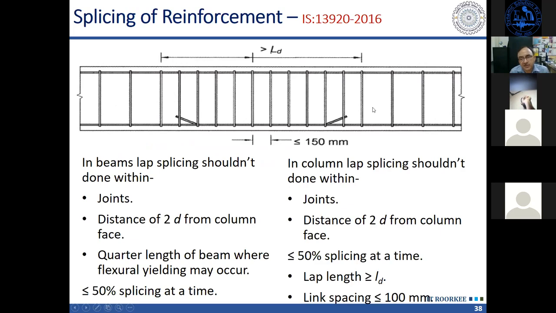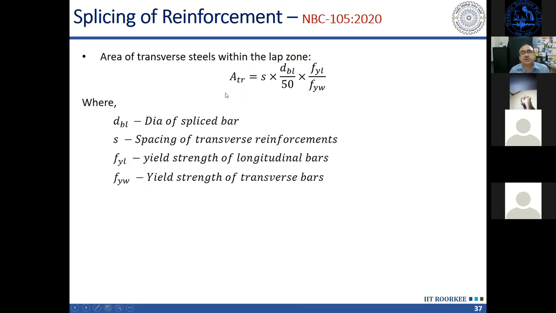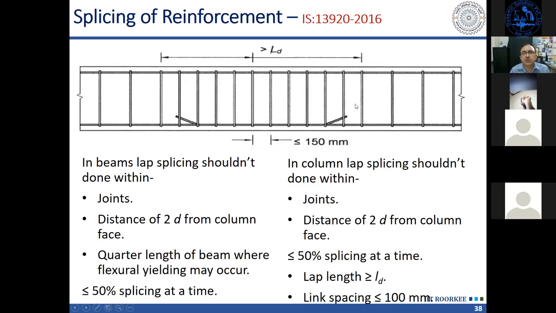The same provisions are given in the Indian code also, except that this expression, the method to calculate the transverse reinforcement, is not given, and generally people are using the same reinforcement which is required for special confinement in the beam.